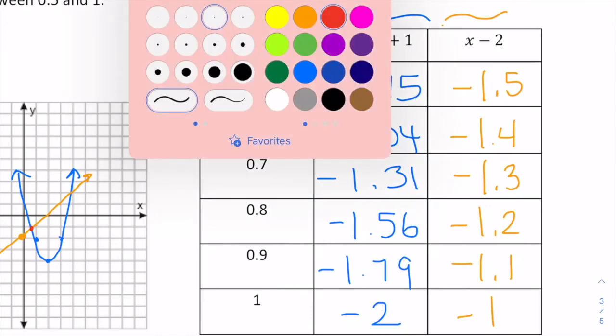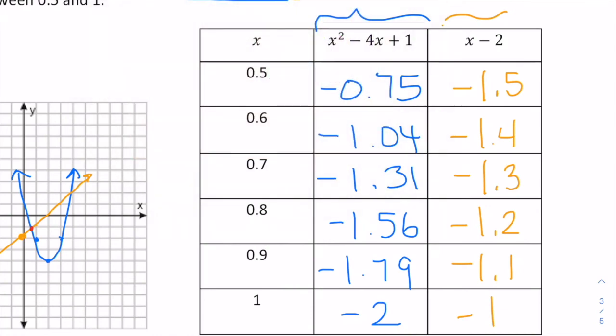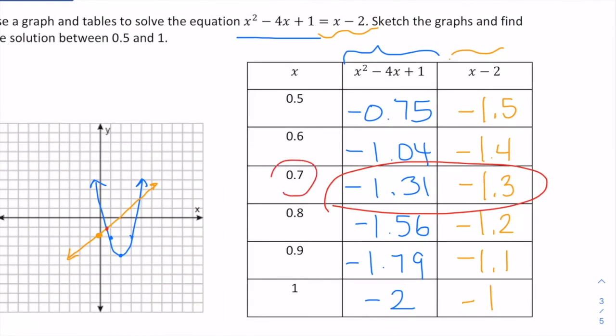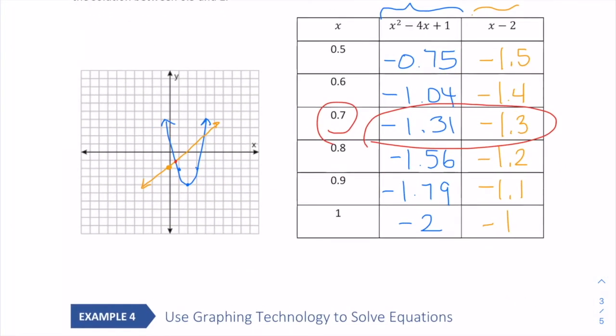So when we look at the two y values, which one's the closest? And you can actually see right here that it is the closest when x equals 0.7. So with the graph and the table, we're able to say x is about 0.7. They're a little bit off. One's negative 1.31, the other one's negative 1.3, but they're very, very close.